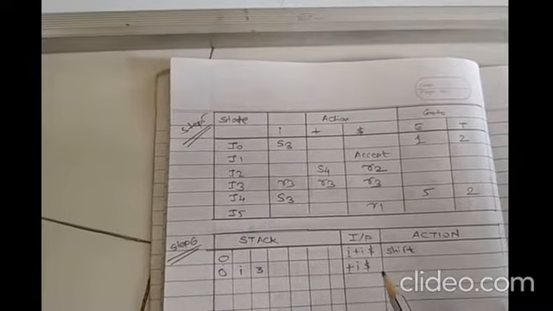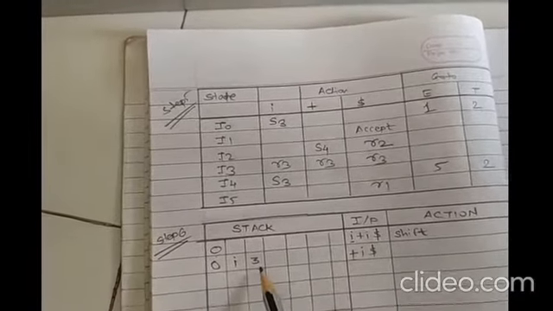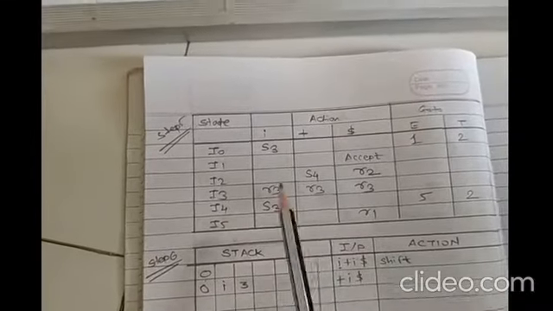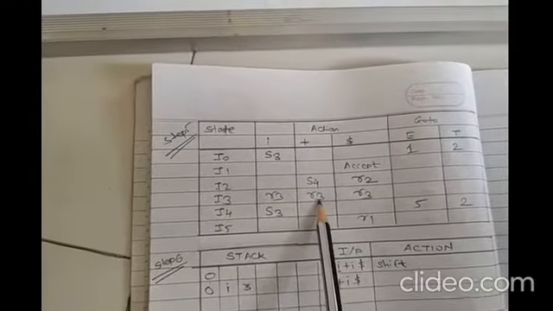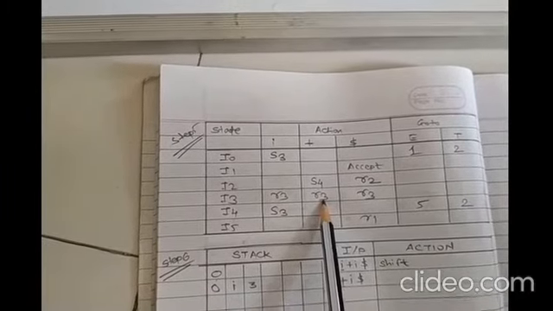So now the input pointer will be on plus. Now look from 3 on plus, it is nothing but the reduce 3 operation. So reduce 3 operation is nothing but use the third production. What is the third production? Let me write the productions here.